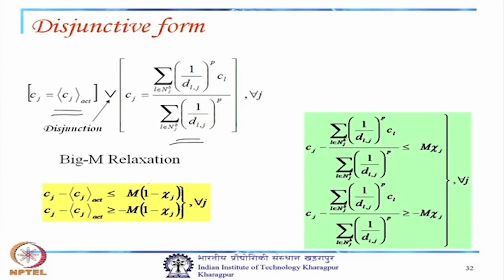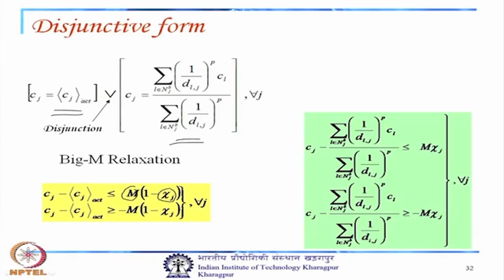If we use big M relaxation, M is a large value, and this chi is 1 if a particular location is monitored, otherwise it is 0 if the location is not monitored.